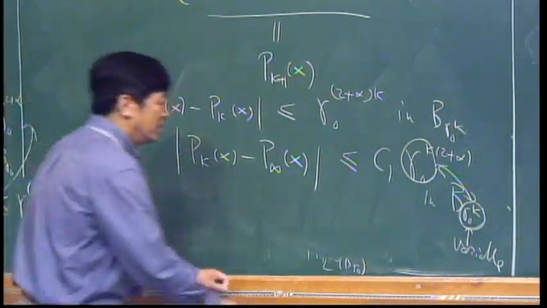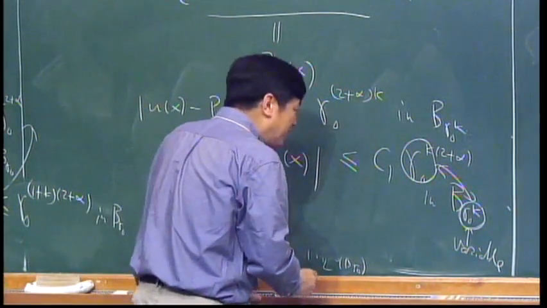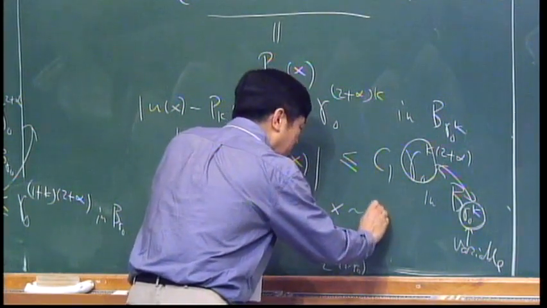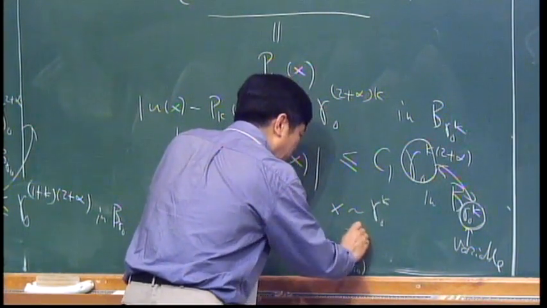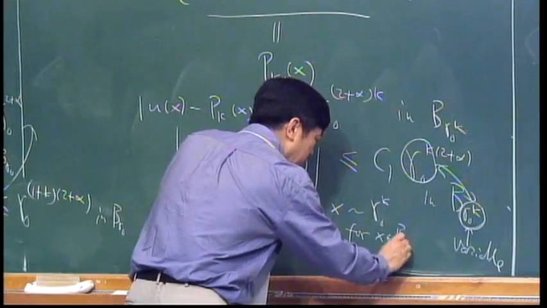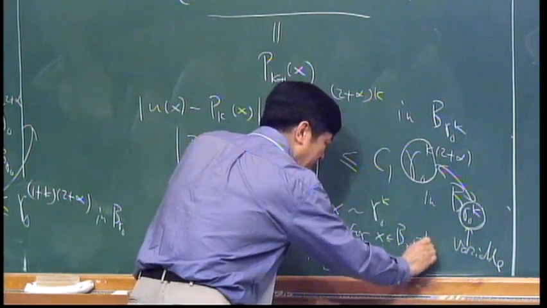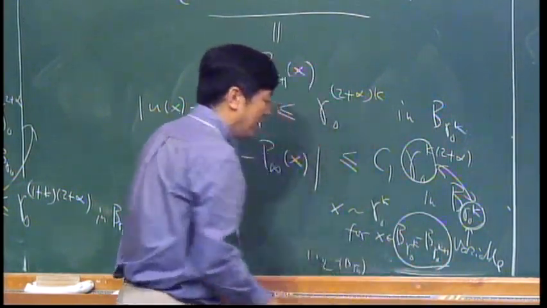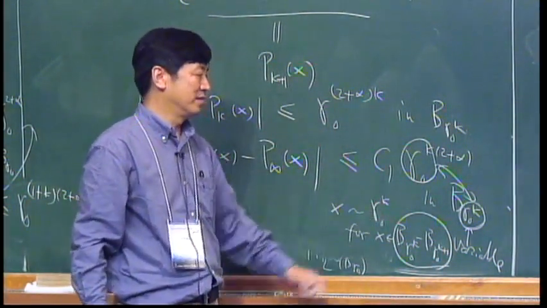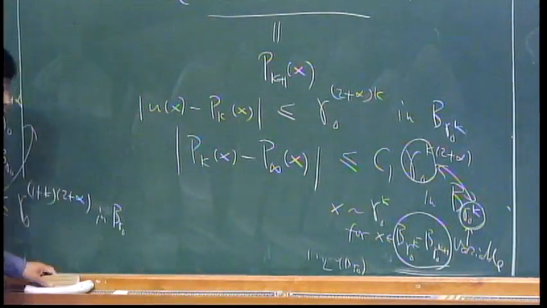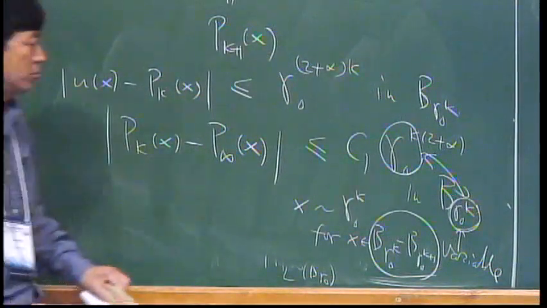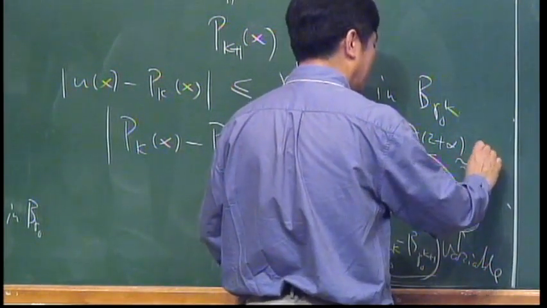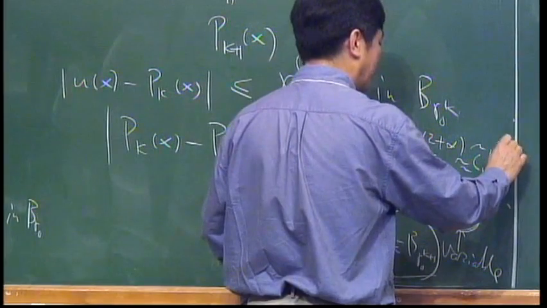Not only that, you can literally interchange: x is comparable with r0 to the k for x in ball r0 to the k minus ball r0 to the k plus 1. In this ring, all the x is like that, right? So now, in that ring, this is c1, maybe tilde, x to the 2 plus alpha.